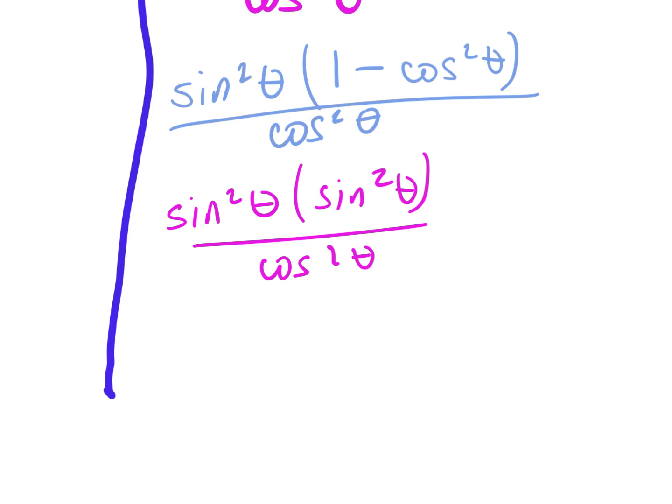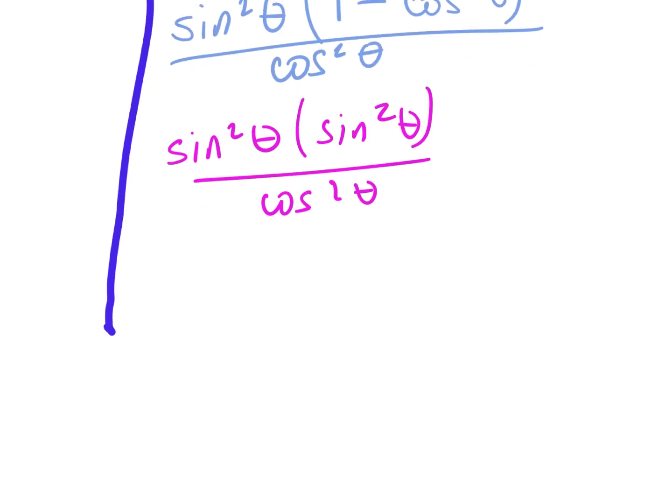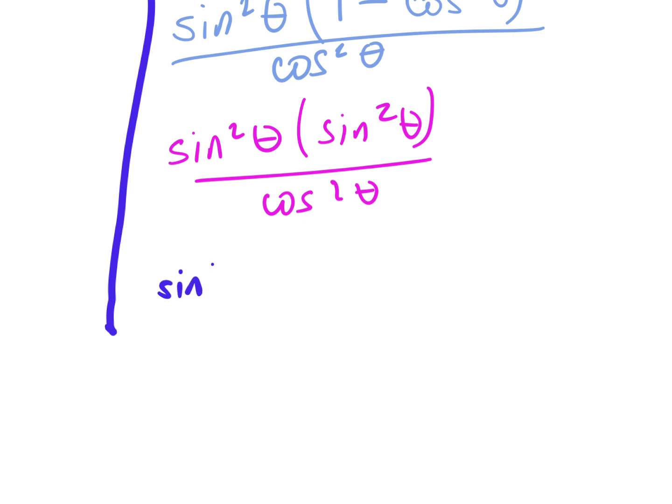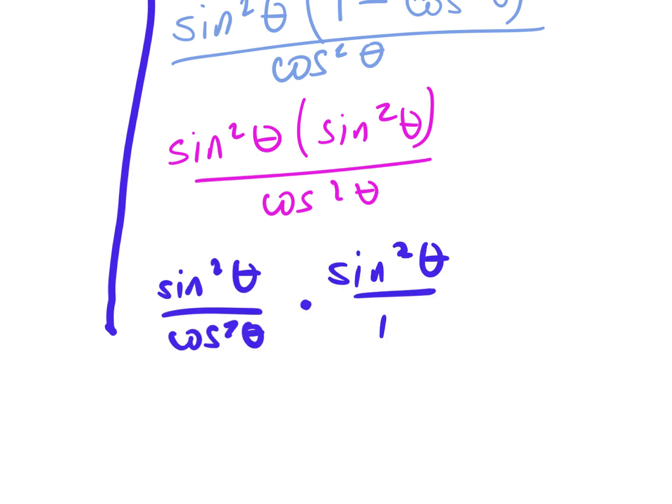If I was going to split this up, I would say sine squared theta over cosine squared theta times sine squared theta over 1. Why did I put it over 1? Why didn't I put it over cosine squared? Because it's multiplication.